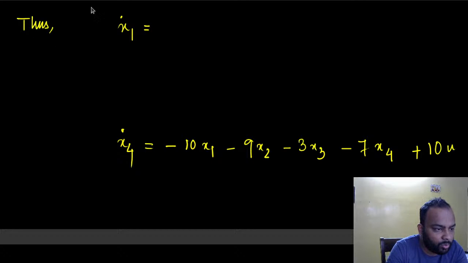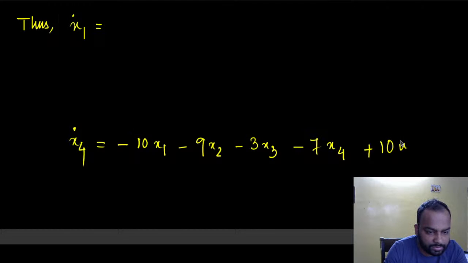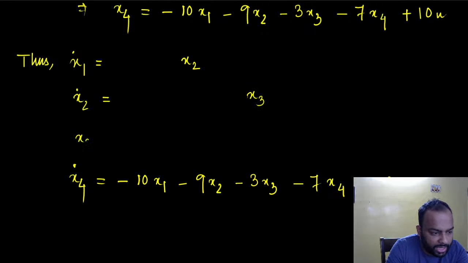And I think I have to move everything to the left. All right. So x1 dot is equal to x2, x2 dot is equal to x3, x3 dot is equal to x4. See, these three are coming from the assumptions, and this last one is coming from the differential equation itself.